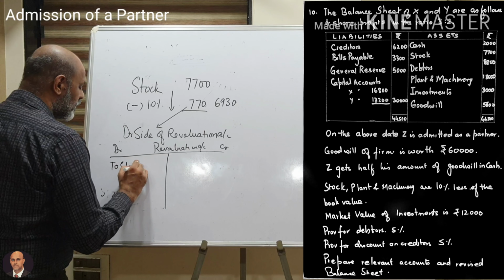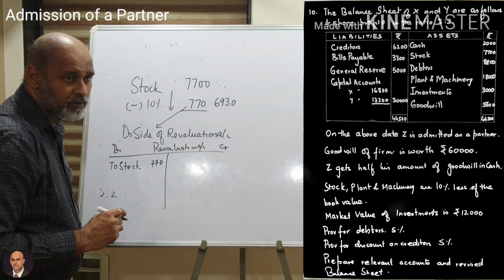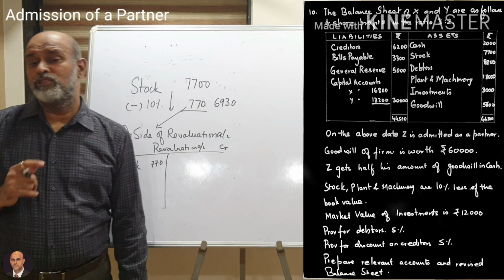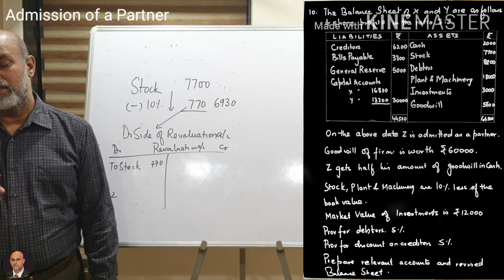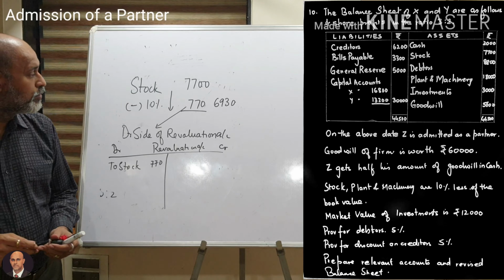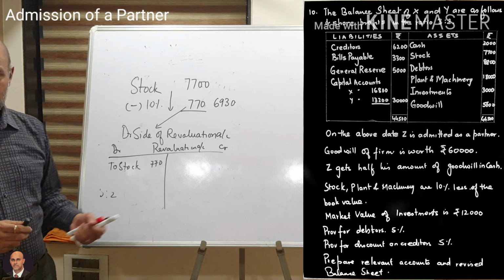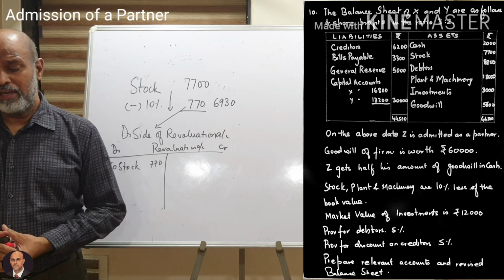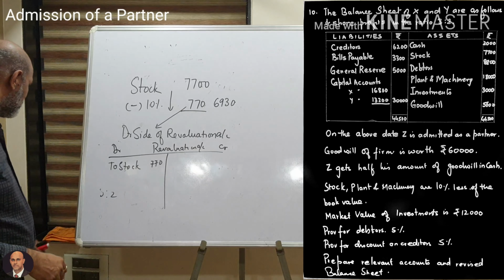The same will appear for the other items such as plant and machinery and stock. For plant and machinery also, what will you do? You will minus that much amount and you will put it on the debit side of your revaluation account. Okay, so we finish with this part.